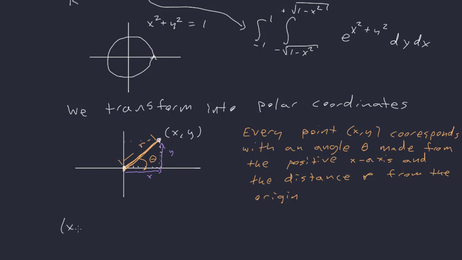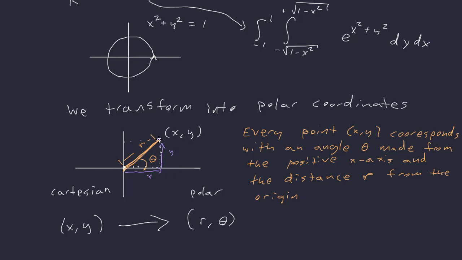So xy is what we call Cartesian coordinates, and what we're going to do is move that into r theta, which are what's called polar coordinates. Okay, and we actually already have all the information we need to make this transformation.